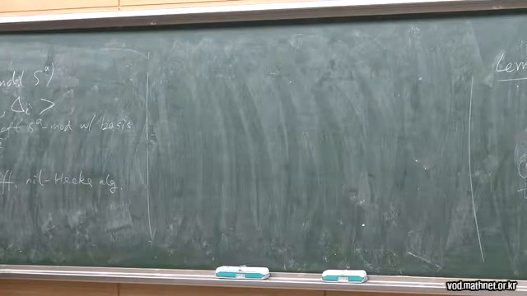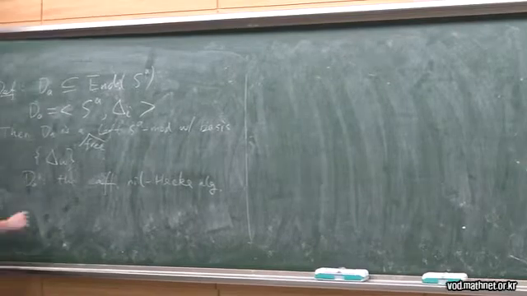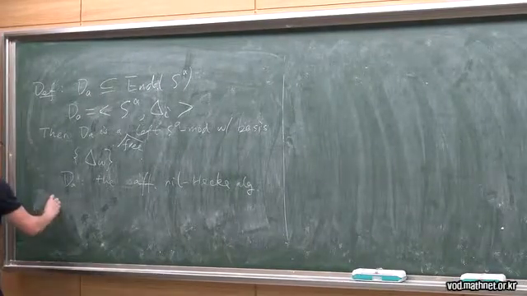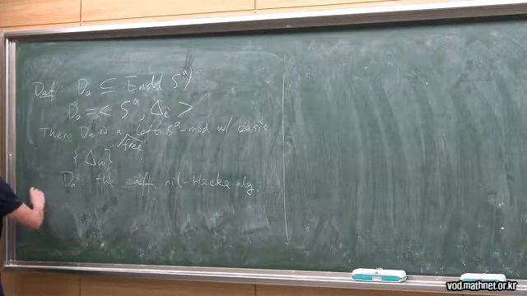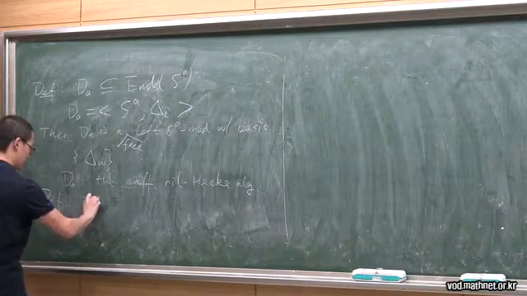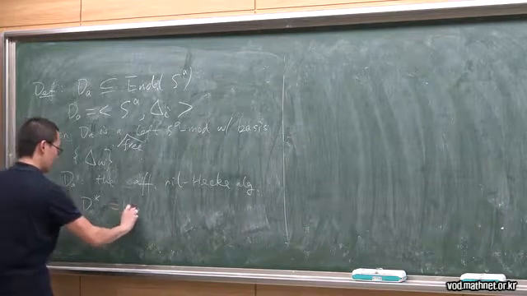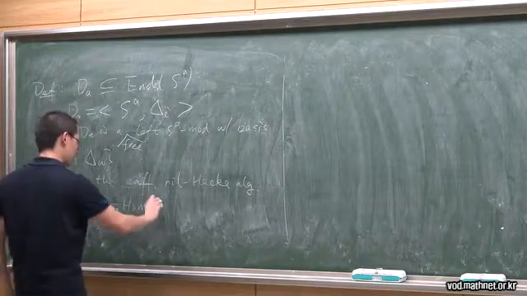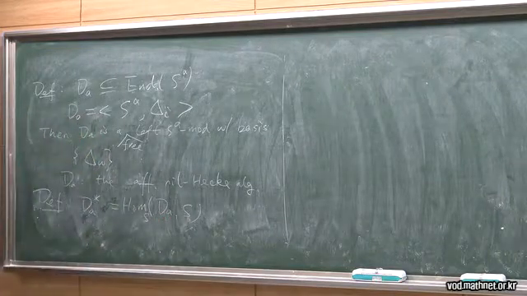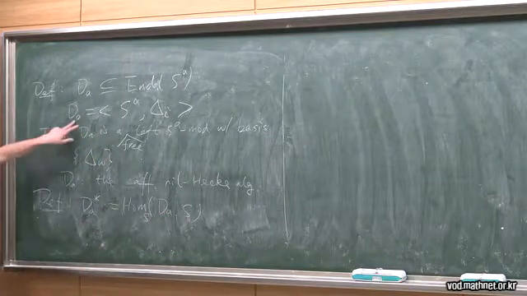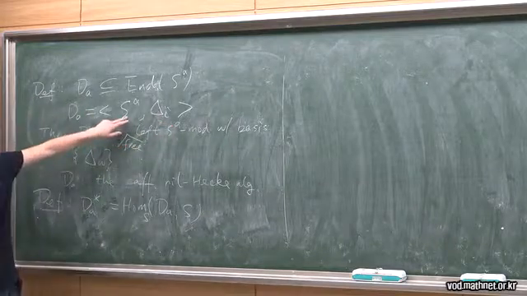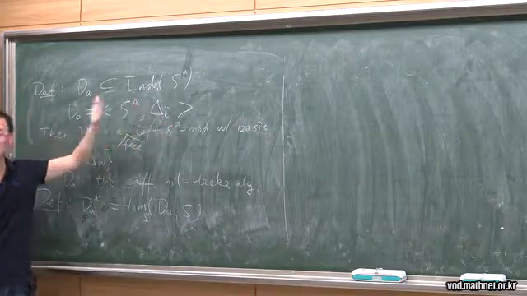First, now that's a free SA module, so you can consider the dual. You can consider DA as a left estimate. First of all, this delta I do not commute with elements from SA and they themselves do not commute.